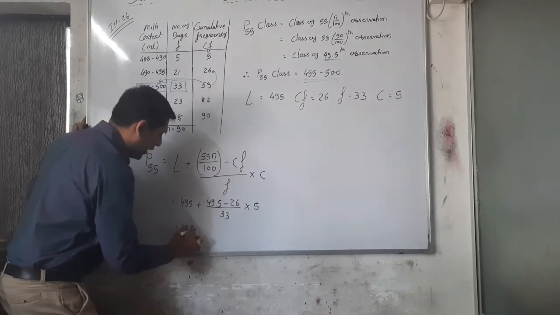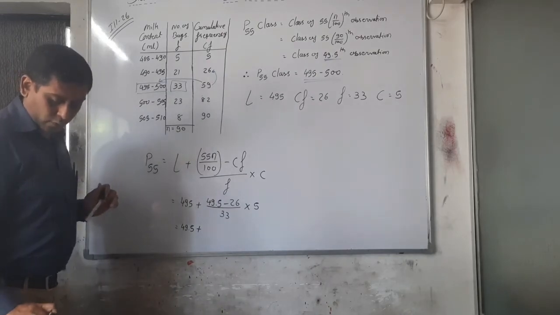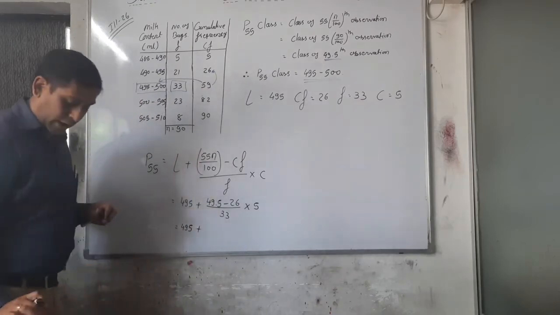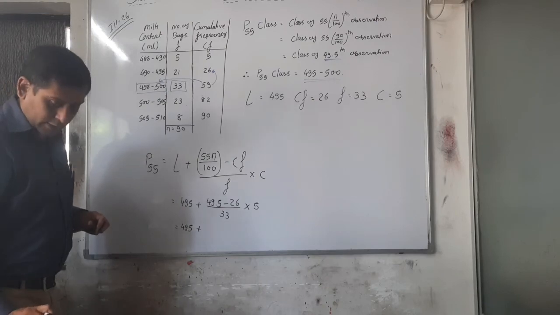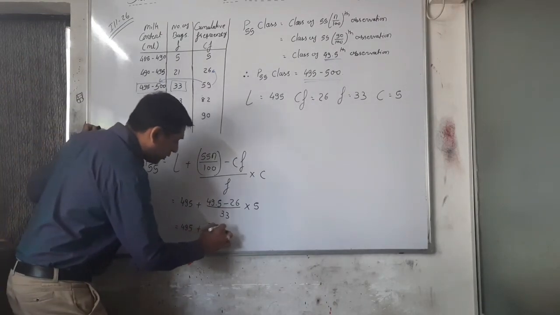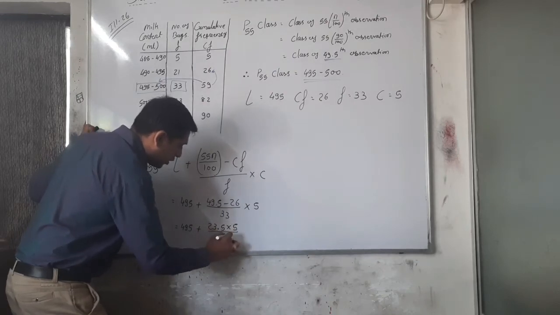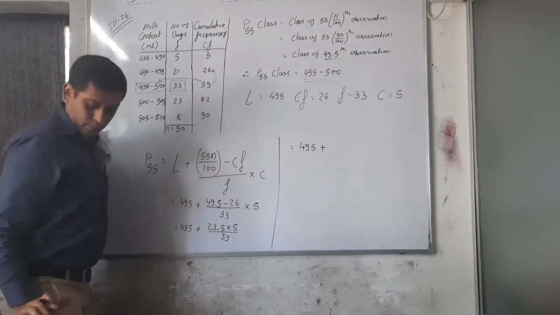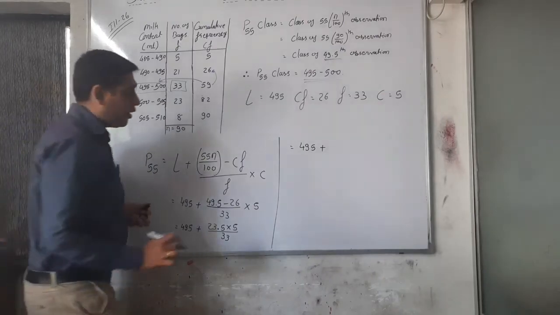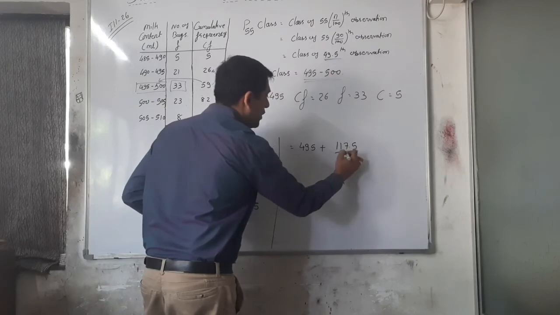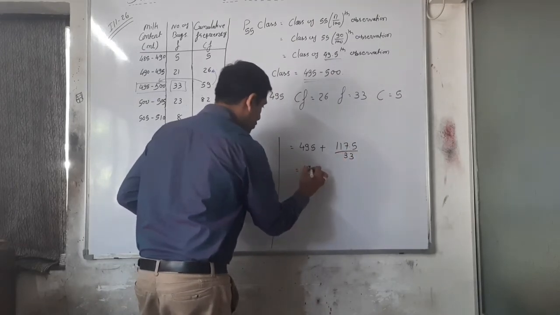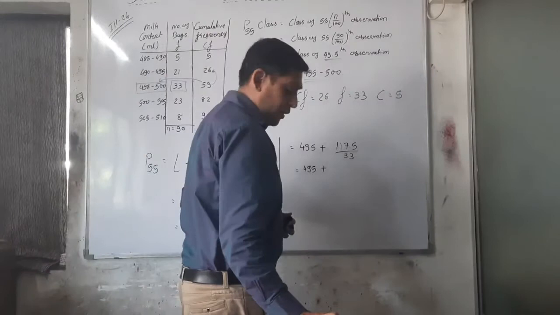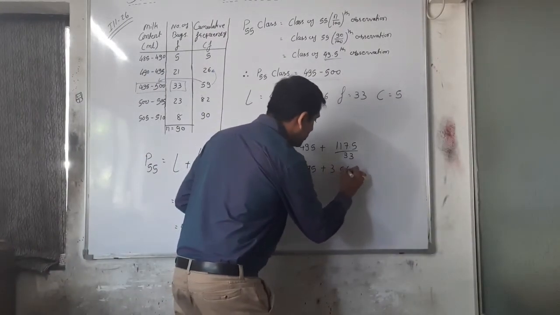So 495 plus 49.5 minus 26, that is 23.5 into 5 divided by 33, is equal to 495 plus 117.5 divided by 33, that is 3.5606.